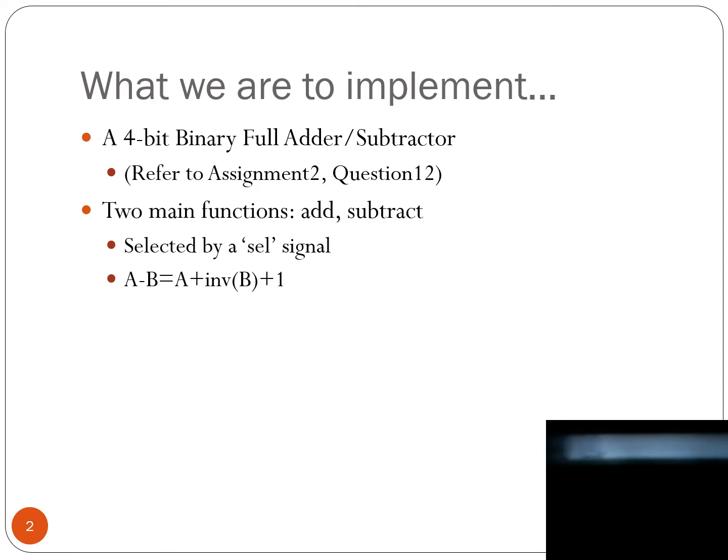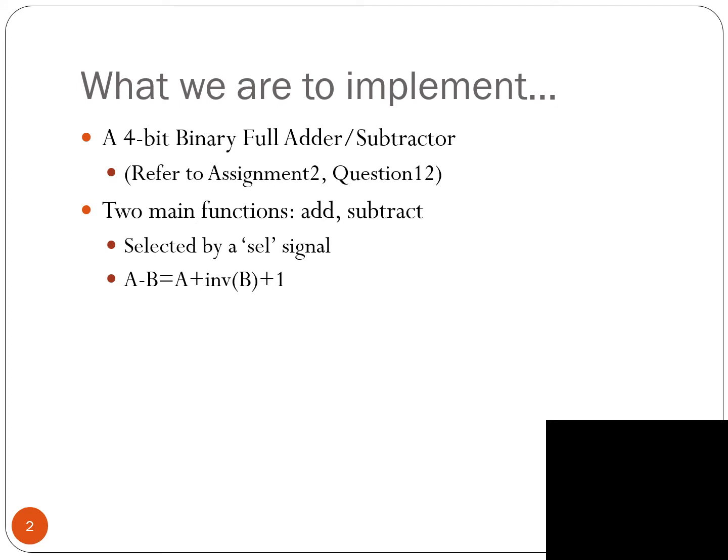This week, we are supposed to implement a 4-bit binary adder and subtractor. This is a similar problem as the 12th question of your second assignment, so I suppose you have already done that assignment. So what's the difference from the lab for the last week?